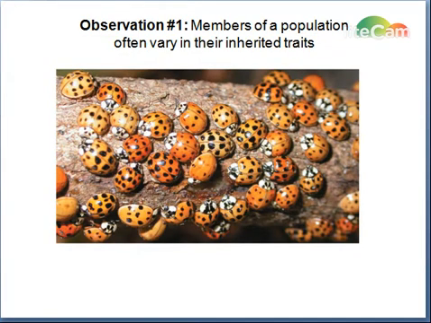So Darwin came to his conclusions again from making very good observations. One of them is that members of a population vary in their inherited traits. So he has here this variation in population as observation one. You see this pictured here with a little bit of variation in color between all these different ladybugs, and also the difference in spots that's just due to variations in the expression of different genes.